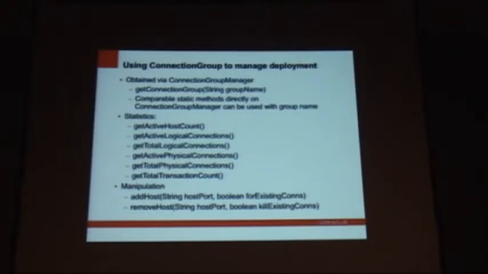Manipulation, add host, and again you would specify that as, for example, localhost:3306. You can add it to existing connections, so if you have logical connections, it will inject that host into the possible hosts those existing connections can use. And then remove host will gracefully remove that host from use.